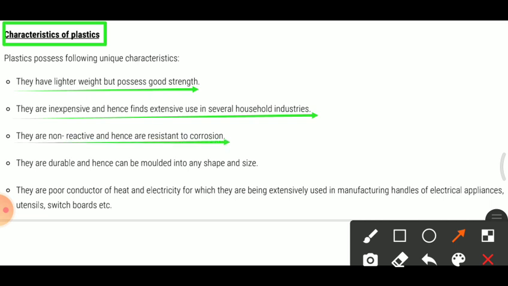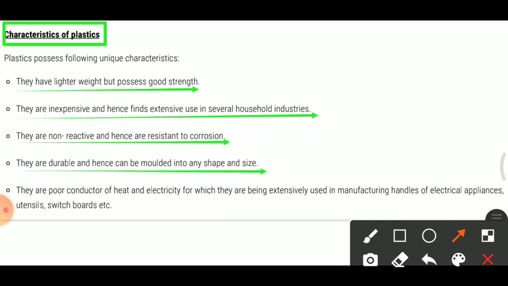You know that metals like iron get rusted when left exposed to moisture and air. But plastics do not react with water and air. They are not corroded easily. That is why they are used to store various kinds of materials, including many chemicals. They are durable and hence can be molded in any shape and size.